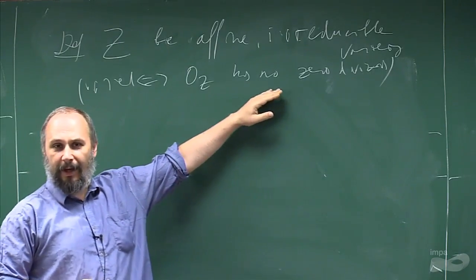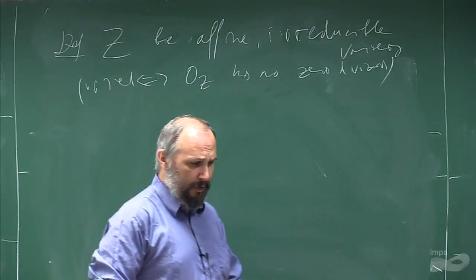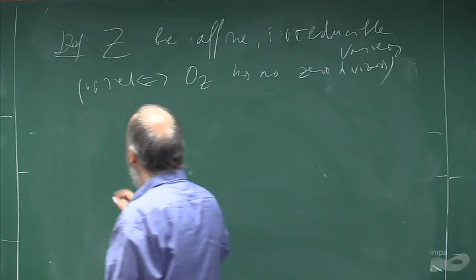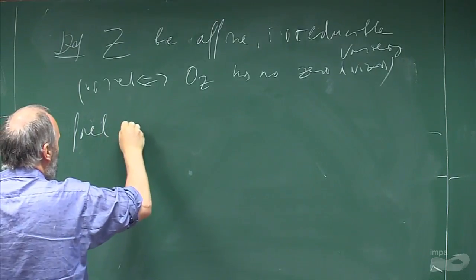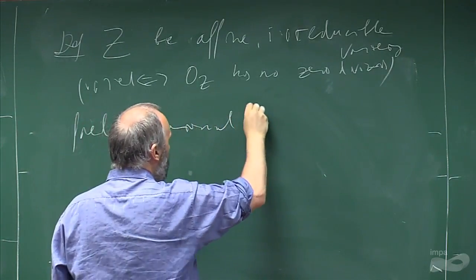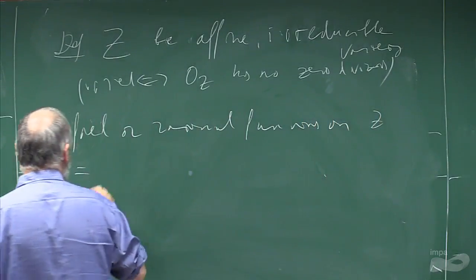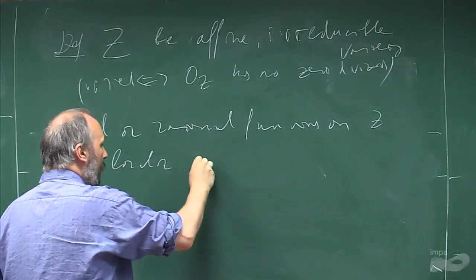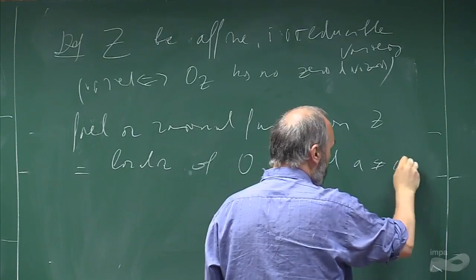This is something we had. Should I remind you why it is so? Okay, good. It was, I think, lecture 3 or 4, quite long ago. But anyway, the field of rational functions on Z is the same as the localization of O of Z in all A which are non-zero.